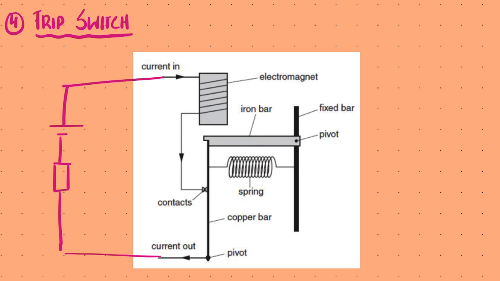The spring collapses, so whatever this part of the circuit was, the contacts get broken as this part moves to the right, and then there's now no longer a closed loop, so the current stops flowing. So these were a few applications of the electromagnets.